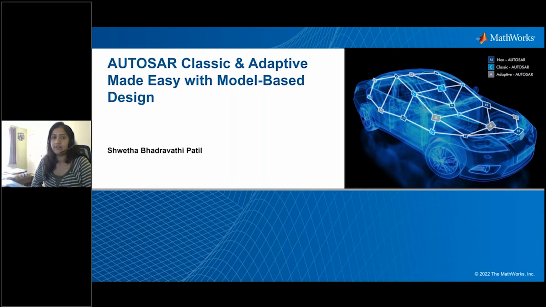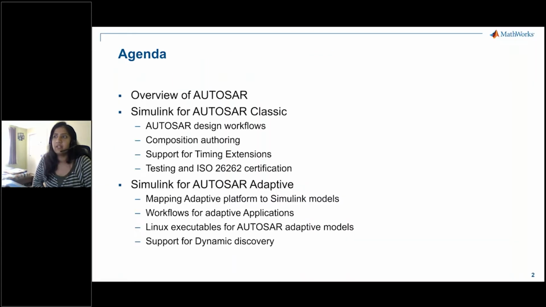Before I dive into this presentation, I have an agenda. I have split it between AUTOSAR Classic and Adaptive. I'm interested to know how many of you are interested in AUTOSAR Classic or Adaptive. Can you help me understand that by commenting in the chat? Do you prefer Classic or Adaptive, or do you want both? I'll evenly split my time based on the interest I see in the chat window. People, don't be shy.